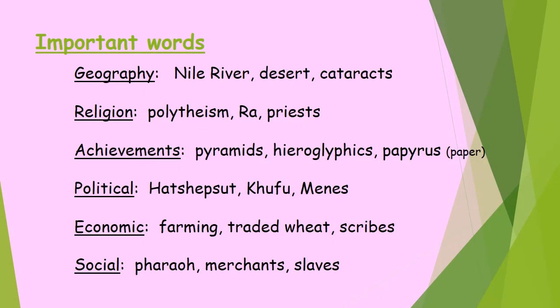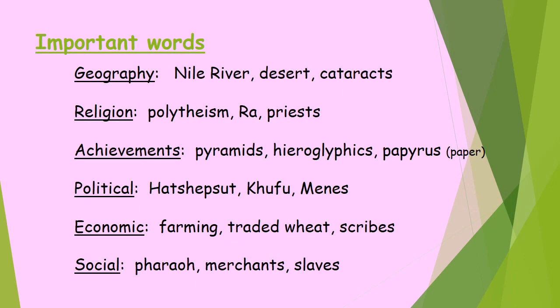Important words. From geography, the important words are Nile River, desert, and cataracts. Religion: polytheism, Ra, and priests. Achievements: pyramids, hieroglyphics, and papyrus paper are the most important. Political: Hatshepsut, Khufu, and Menes are important pharaohs.